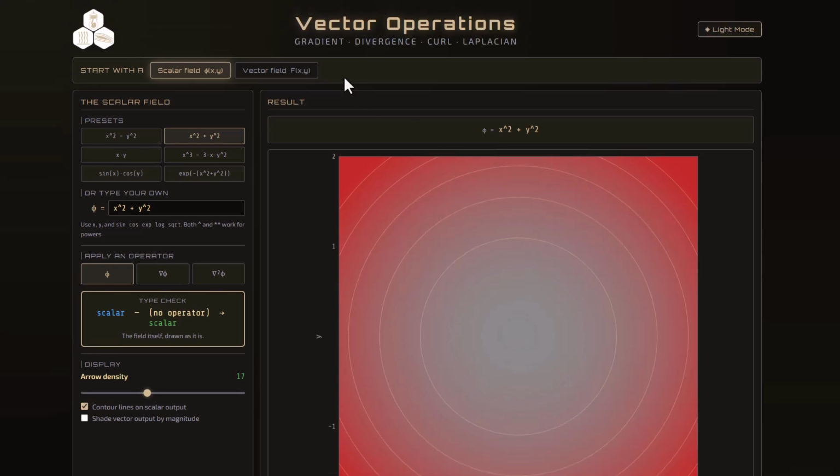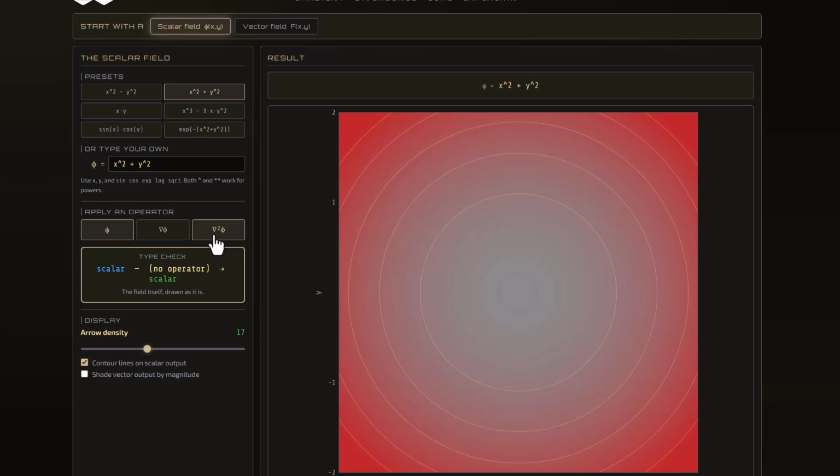Okay, I have the vector operations tool open, scalar field selected, and the same function that we were just looking at on the slides. And we're looking at the function itself. So this is just our scalar field. And before I click the Laplacian operator here, I just want to think about whether this point is greater than or less than the average of the points around it.